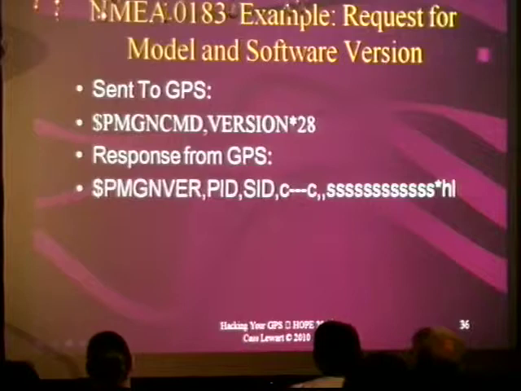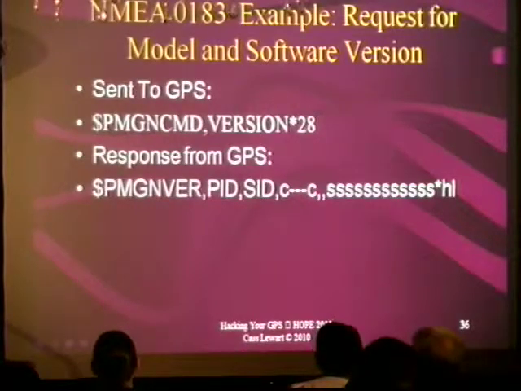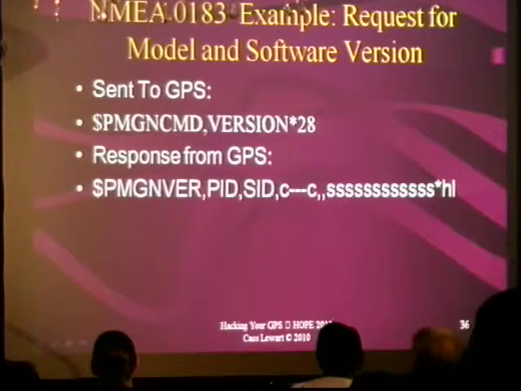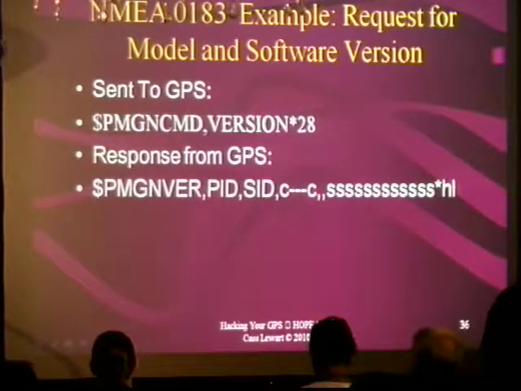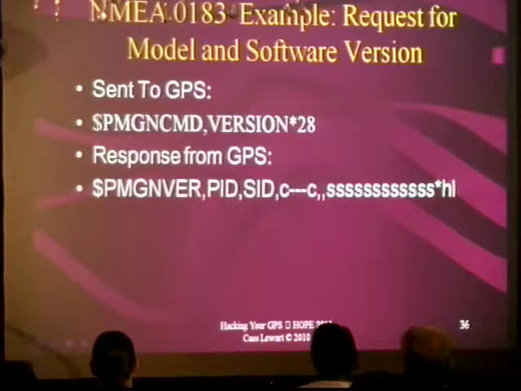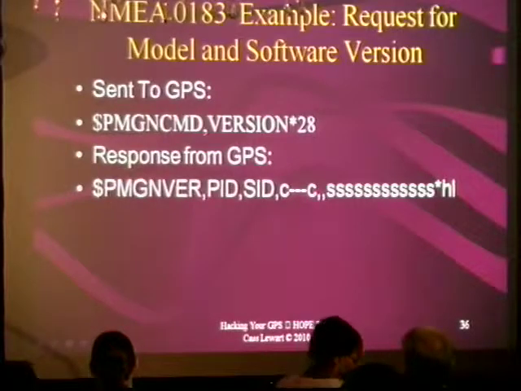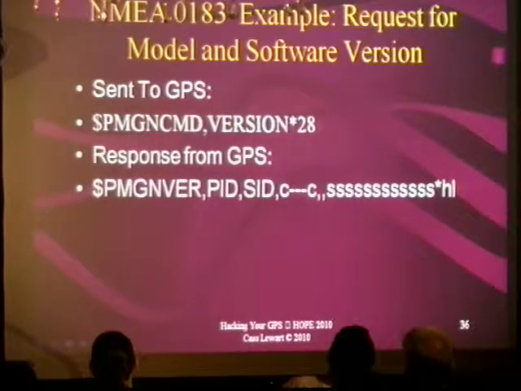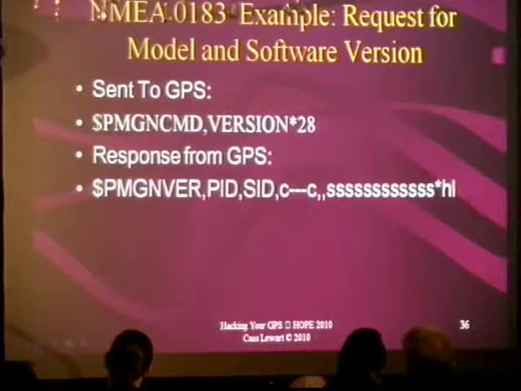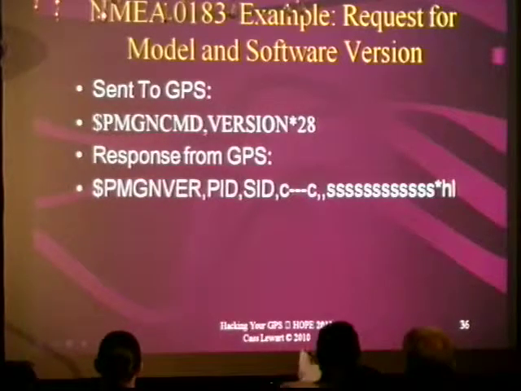Here is an example. You send the top line to your GPS to find the version of your software and to identify your unit. And what comes back, you see below.